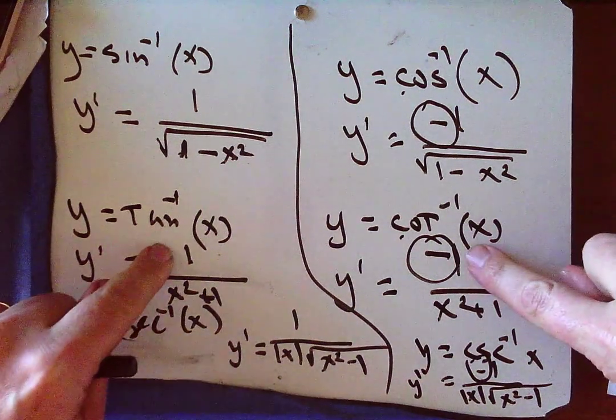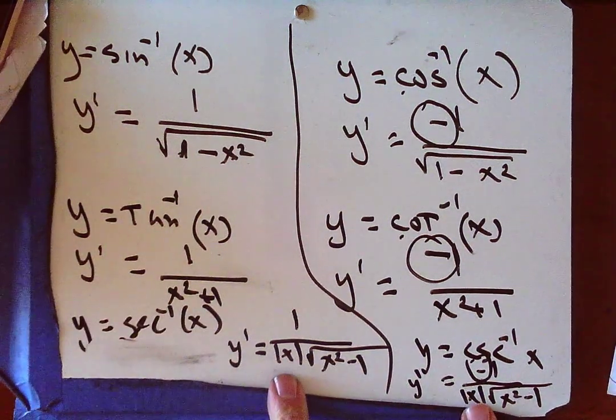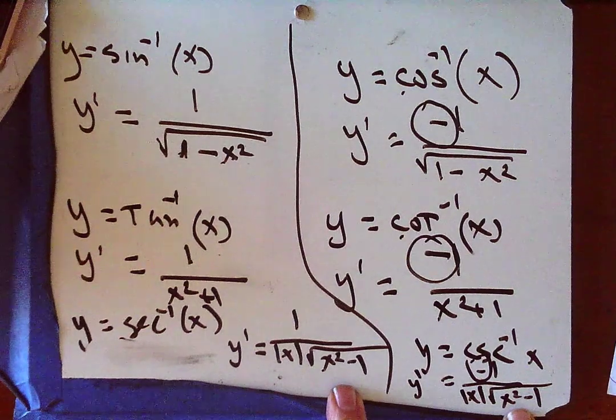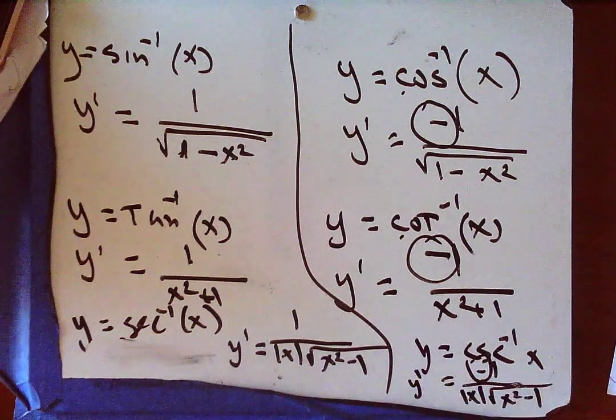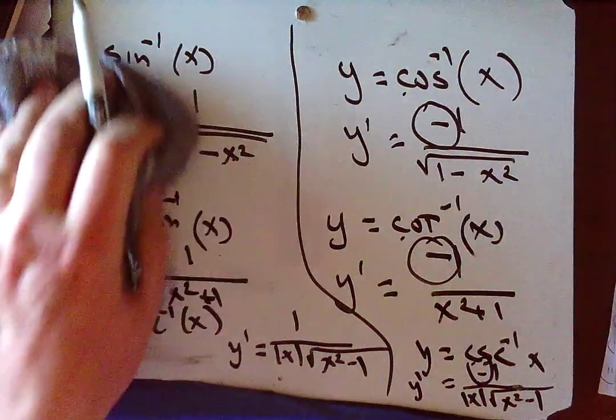X squared plus 1, and we've got absolute x, square root x squared minus 1, except that this has a minus, all right? You really need to memorize those. Memorizing these, and memorizing the log and exponential ones, is very, very important. That's usually where students make most of their mistakes.